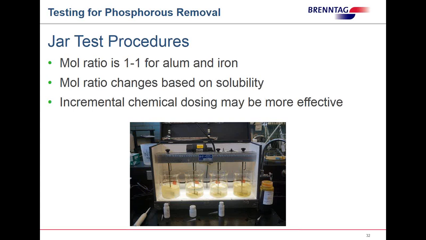However, at this point, due to solubilities, the mole ratio increases and the amount of chemical required also increases. So it may be more effective to simply screen the chemical requirements by incremental addition, 5, 10, 15, 20 parts per million. Measure the results from testing and then test further based on the results from your initial testing. Next.